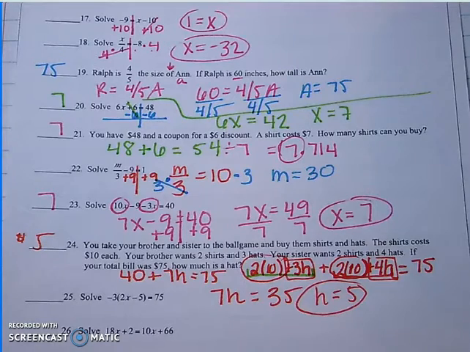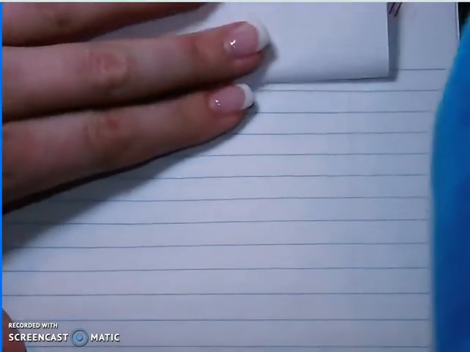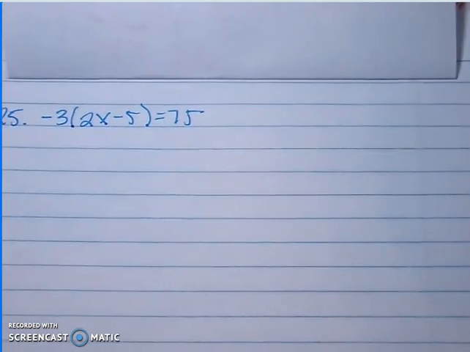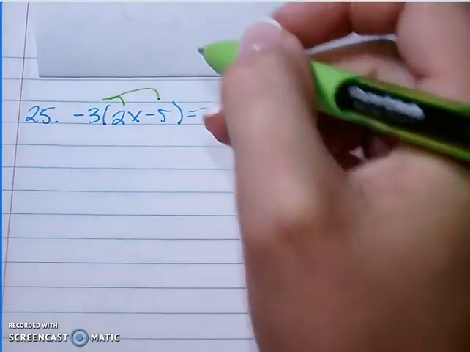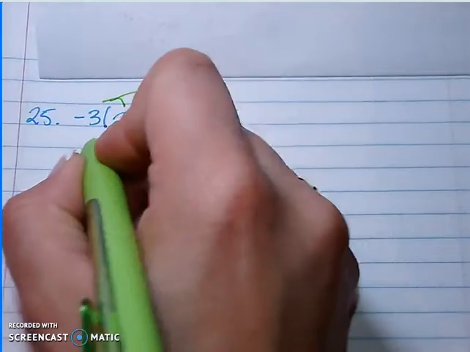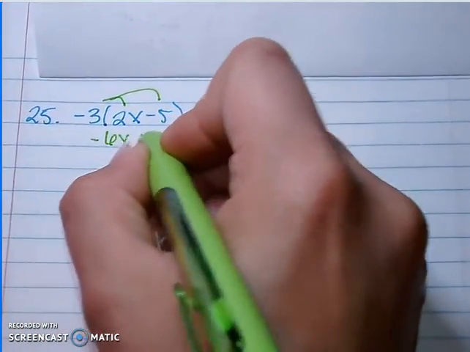We're going to solve 25 and 26 on the notebook page right underneath this. 25. We have to distribute right here. There's the question. And once I've done the distributive property, I have a negative 6x and a positive 15.